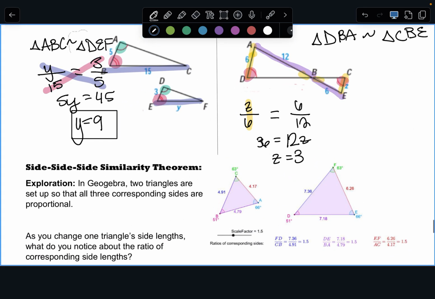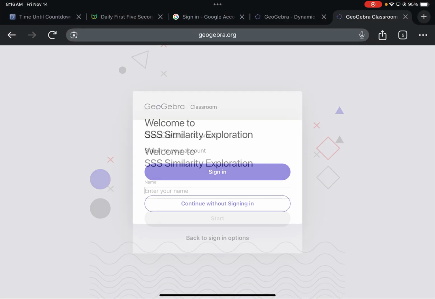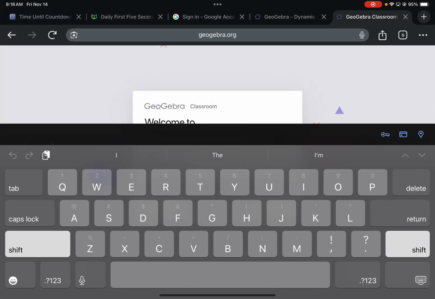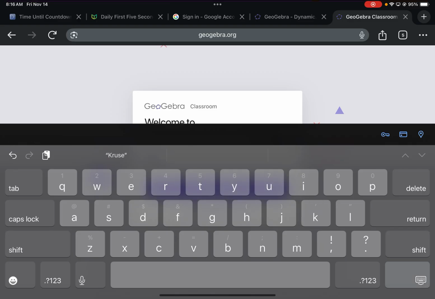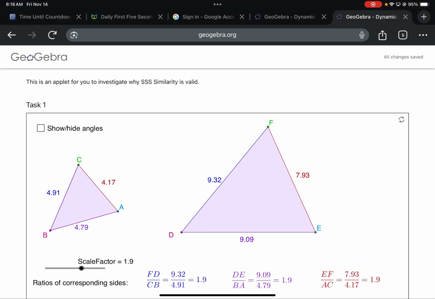Okay, so that's angle, angle. You only need 2 angles to determine if 2 triangles are similar. We have another one that we're going to talk about today, and it is side, side, side, which means we're going to need 3 sides to determine if 2 triangles are similar.